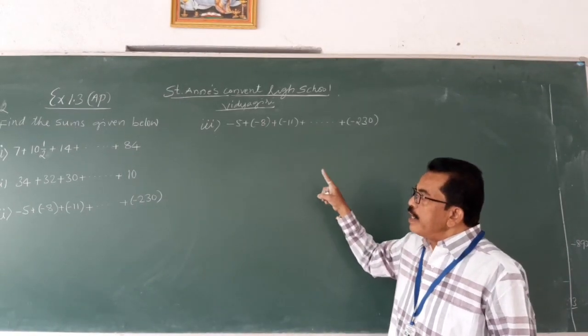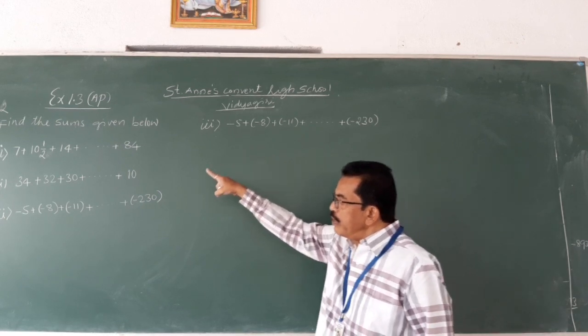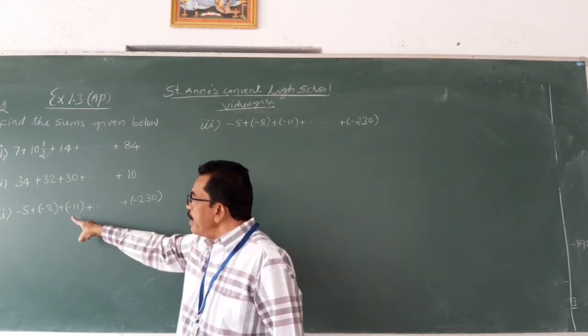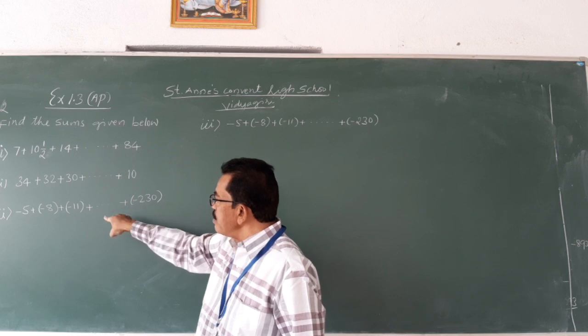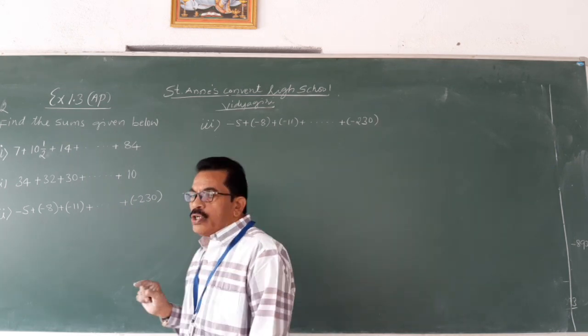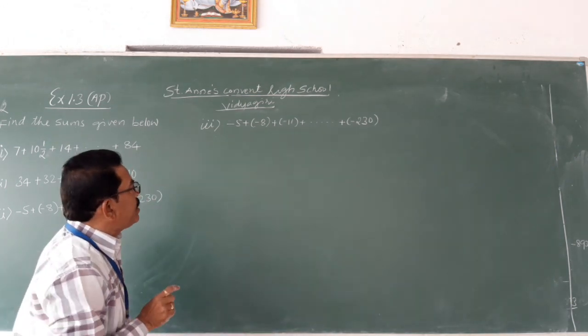See, in exercise 1.3, the third one, that is minus 5 plus minus 8 plus minus 11 plus dash plus minus 230. See, the method is same.